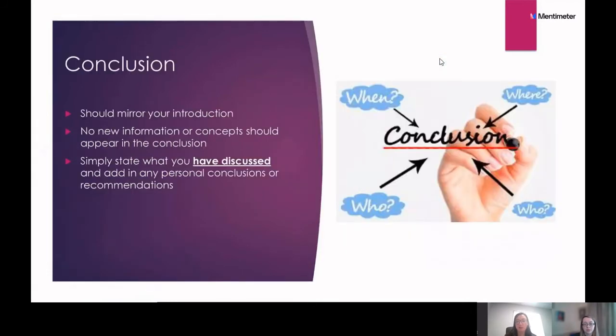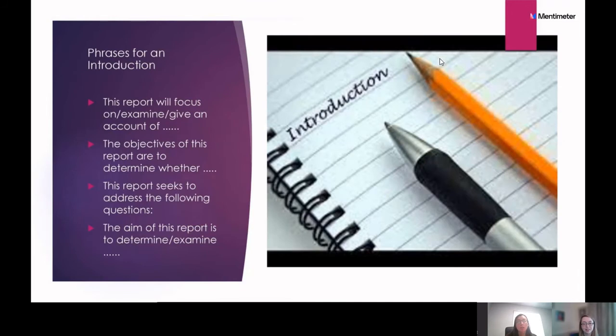Sorry, Keeva, just with the academic writing, it depends on whether it's a personal statement or personal reflection. But the majority of third level essays are in the third person, so this report will focus on.